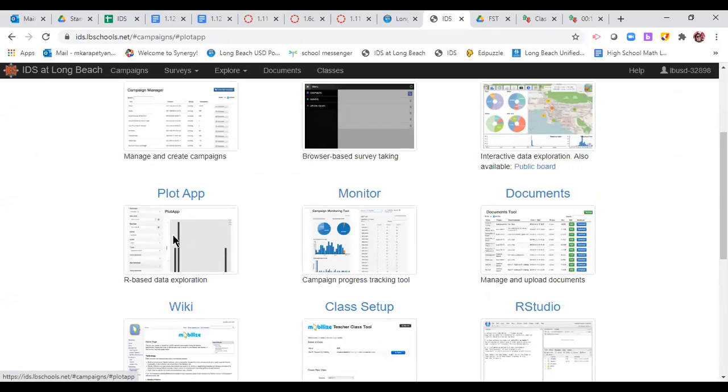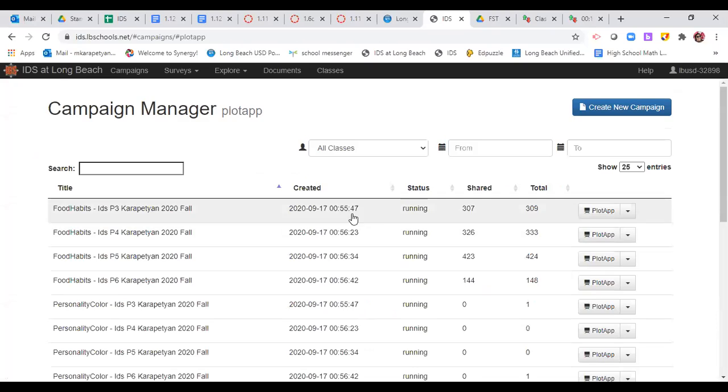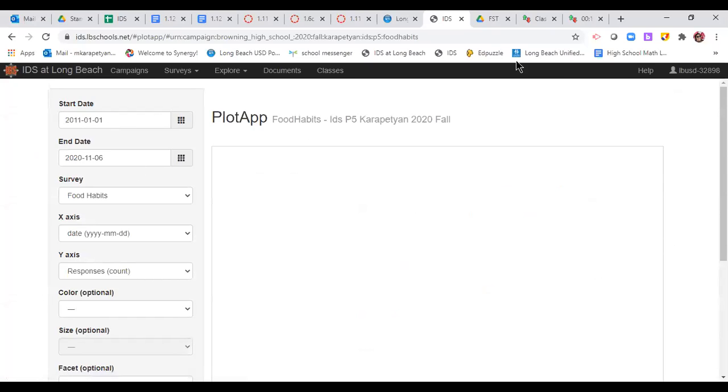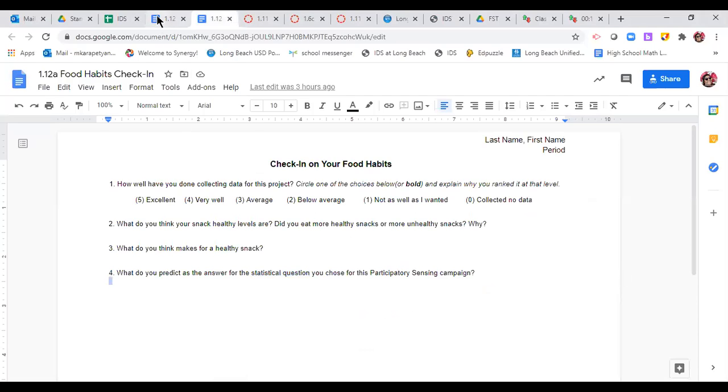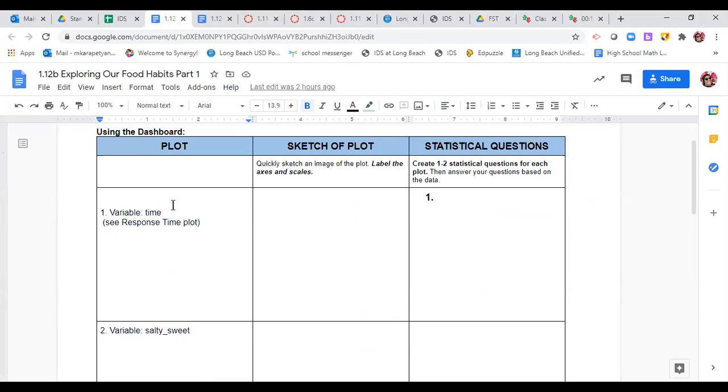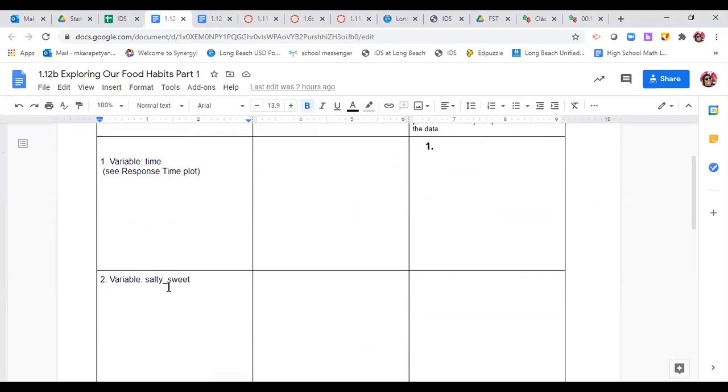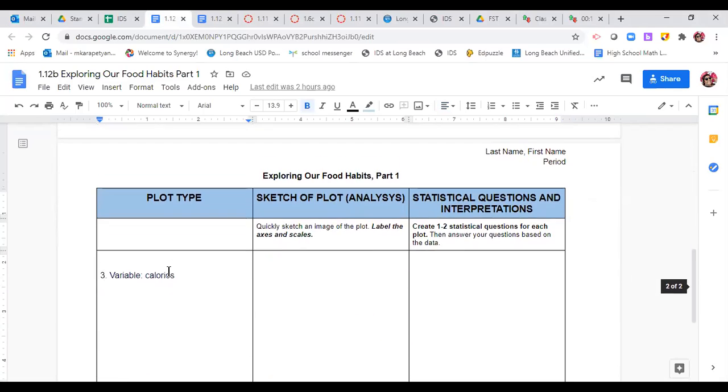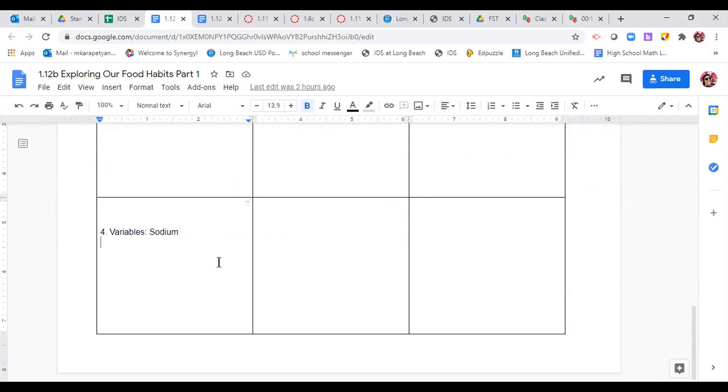The plot app is right here. You click on the plot app from your home page, and you go to this. Now you're going to do your 1.12b assignment on here, where you are asked to create a plot for each of these variables: time, salty sweet, calories, and sodium.